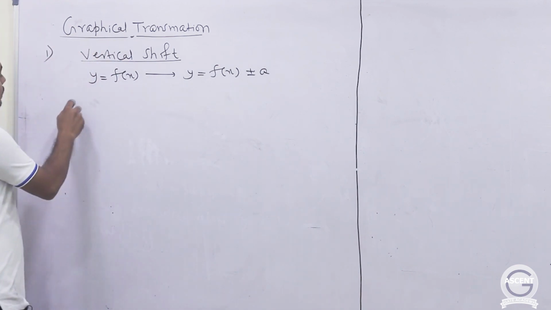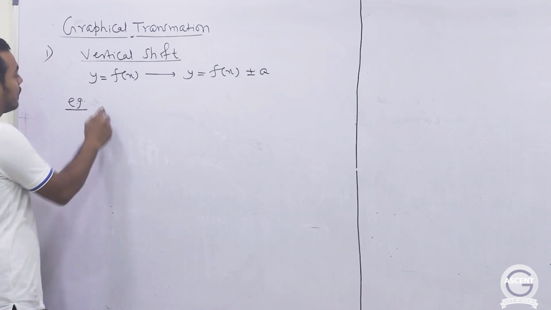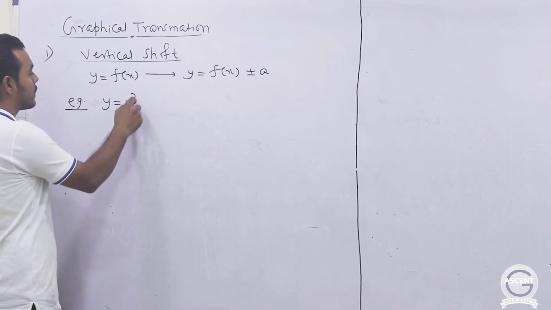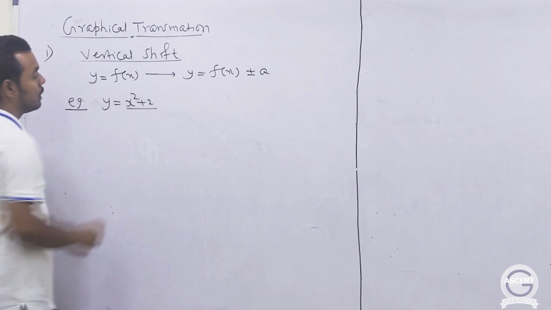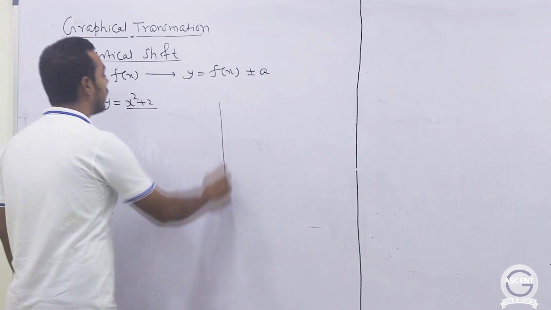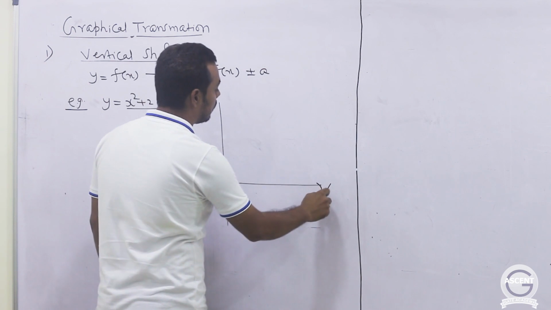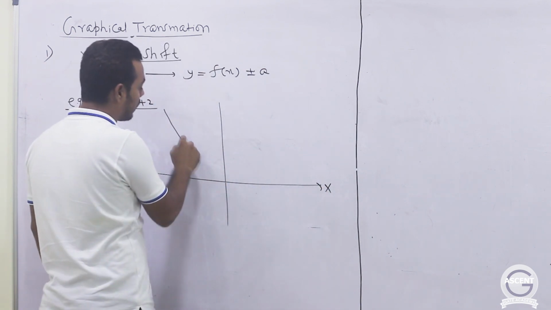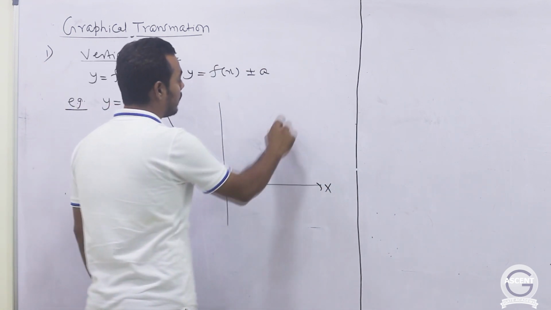So for example, suppose I want to draw the graph of y equals x square plus 2. We all know the graph of this function y equals x square, right? This was our graph of y equals x square, an upward parabola.